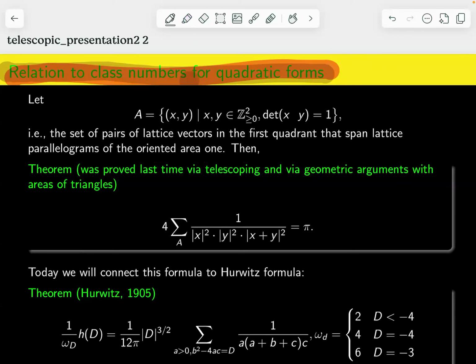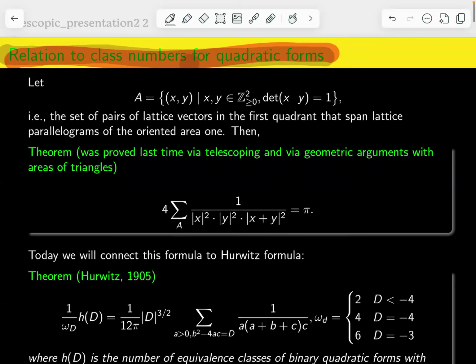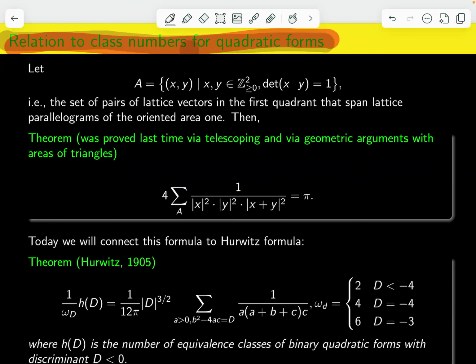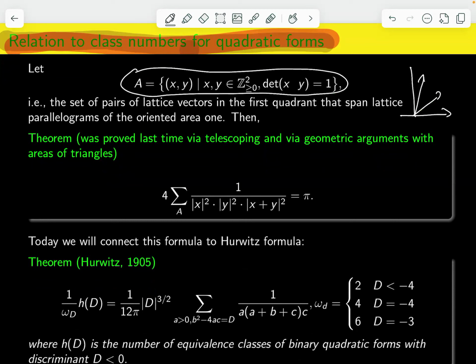So first of all, let me remind you what the topic of the discussion was last time. We had the set A, the set of pairs of lattice vectors in the first quadrant, such that the area of the parallelogram spanned by them is 1.